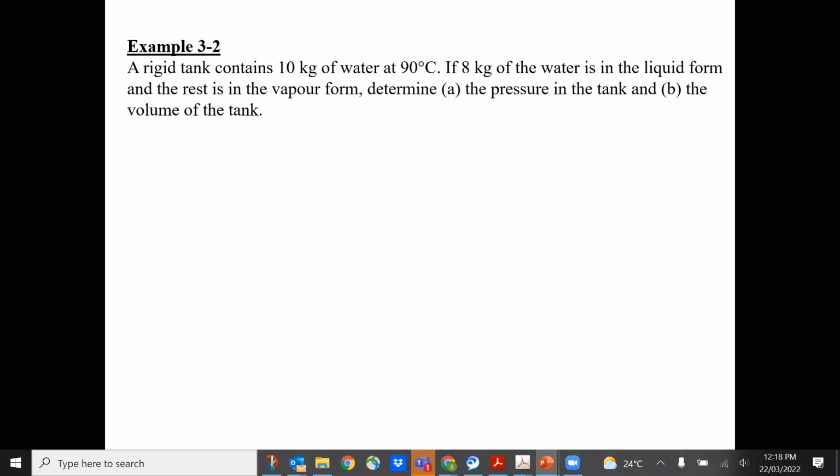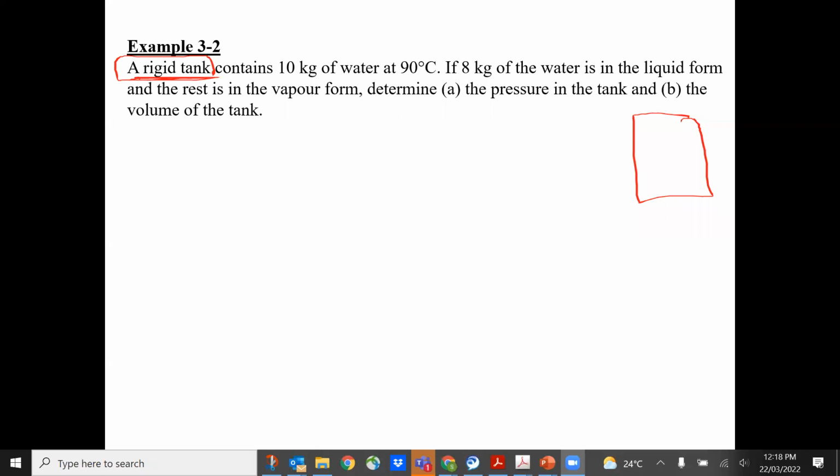Okay. Another example here. In this example, we have a rigid tank. And when you see rigid tank, it means the volume doesn't change. Like a closed container, so the total volume would not change.